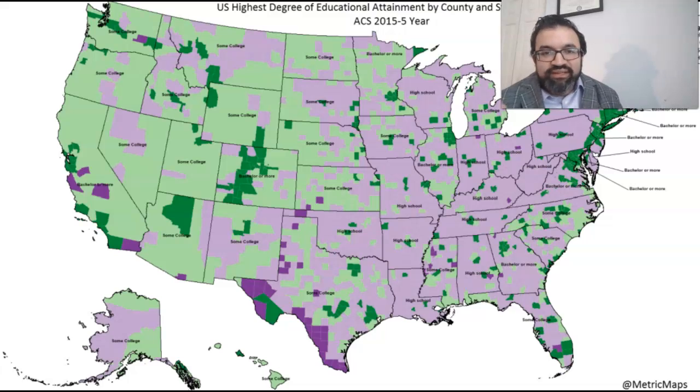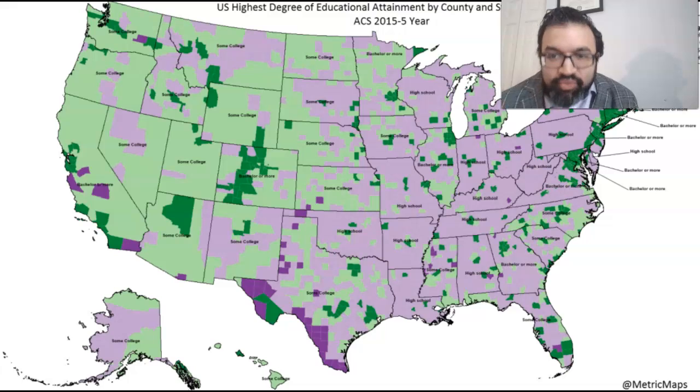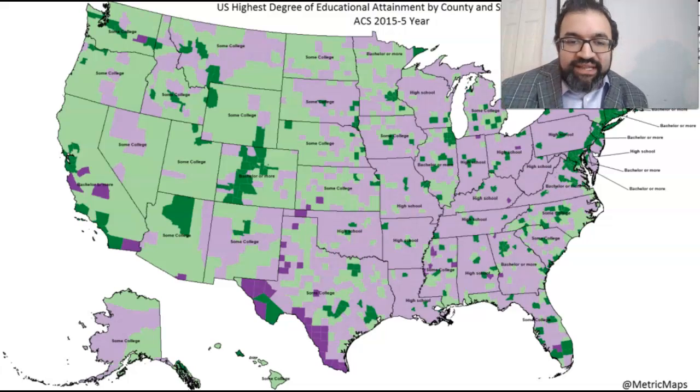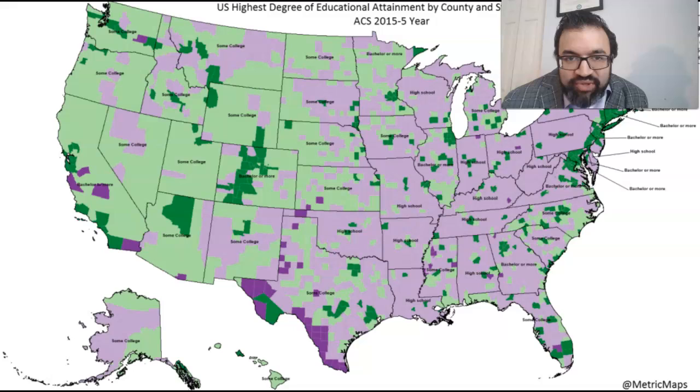Let's start here. This is a map from 2015, and it demonstrates some of the more important pockets where there is lower educational attainment. I'm going to mark here areas where there is higher educational attainment, so some college.